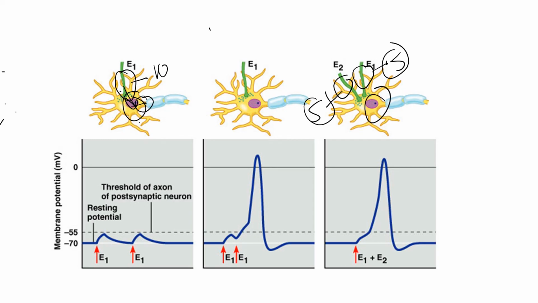So if it's two neurons working together, we refer to that as spatial summation. If two presynaptic neurons are working together to get a postsynaptic neuron to threshold, it's spatial summation. If one presynaptic neuron is totally working by itself to get a postsynaptic neuron to threshold, it's called temporal summation.